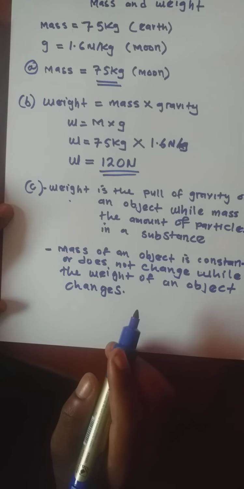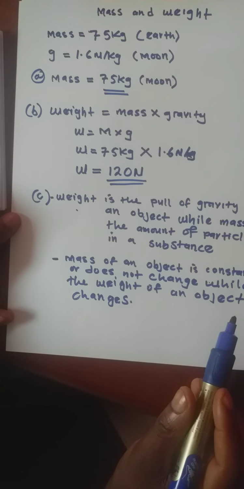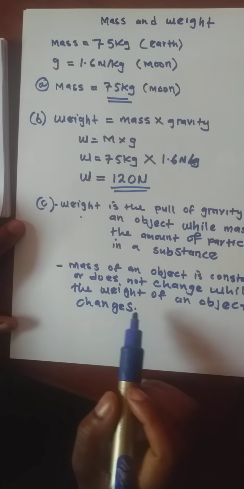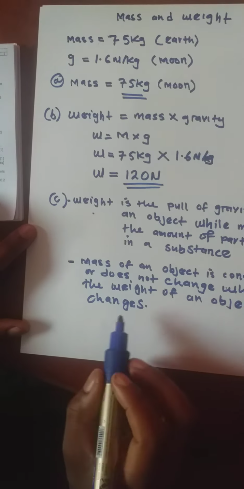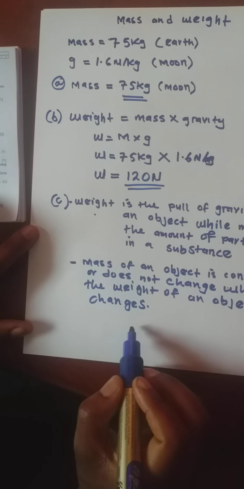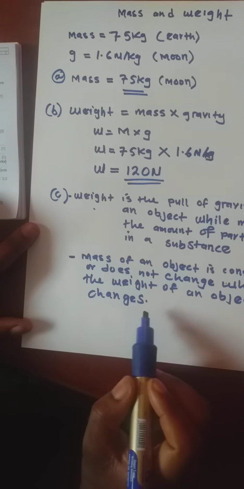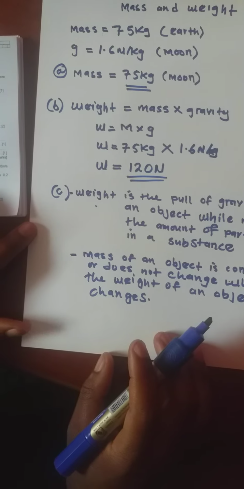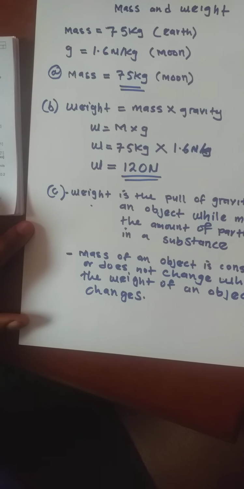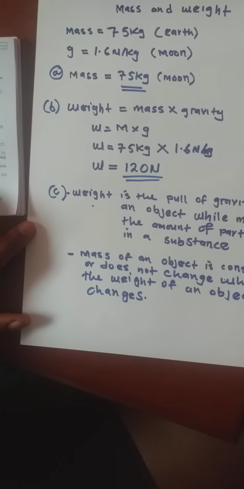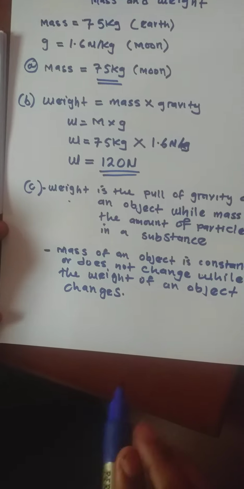So if you have a stone of 5 kilograms on Earth and you take it to the moon, the number of particles in it will still remain 5 kilograms, but the weight would be different on Earth and on the moon. The reason is that on Earth the gravitational field strength is 10 newtons per kilogram, while on the moon it is 1.6 newtons per kilogram. So because weight is influenced by gravity, it changes and varies. On Earth the value is different from the moon, but with mass it is constant. So these are the two differences between mass and weight.